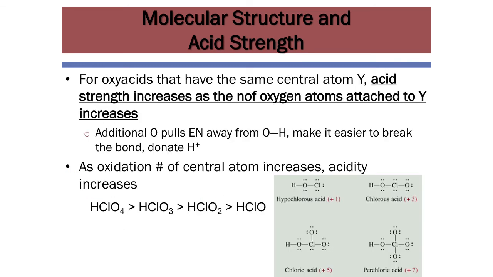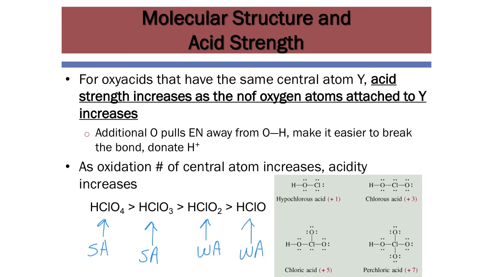And lastly, if our oxyacid has the same central atom, the strength is going to increase as the number of oxygen atoms increases. If we think about it, HClO4 made the list of strong acids. HClO3 also made the list of 7 strong acids, but the rest of the chlorate series did not.